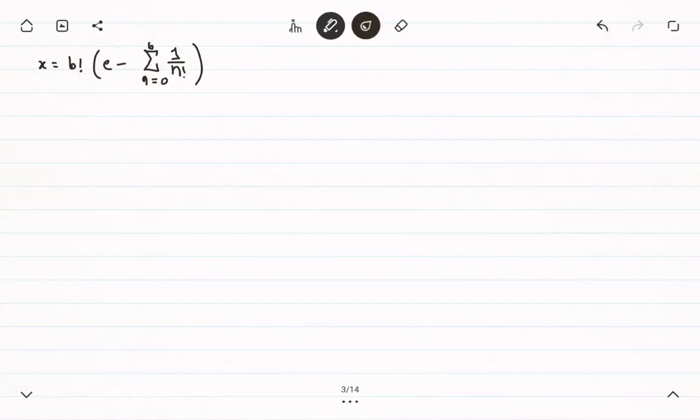Now we can write b factorial times the sum over n running from b plus 1 to infinity of 1 by n factorial, equal to the sum over n from b plus 1 to infinity, taking b factorial under the summation.